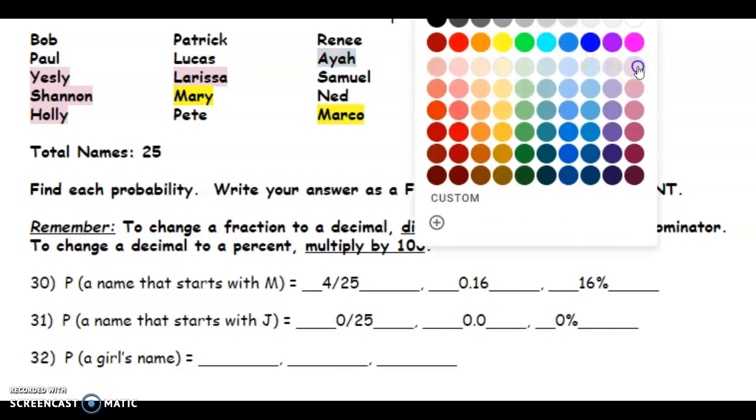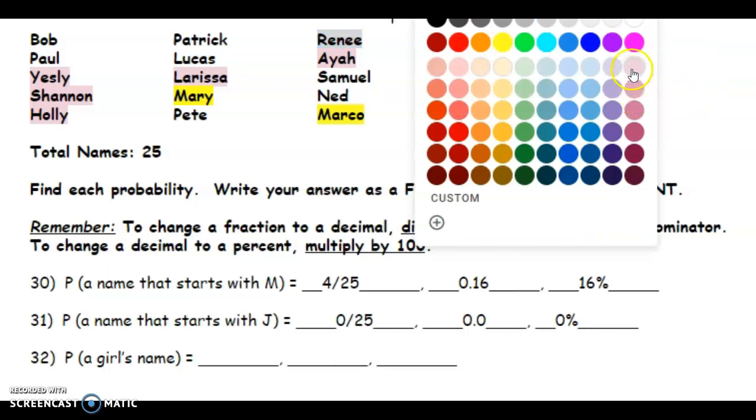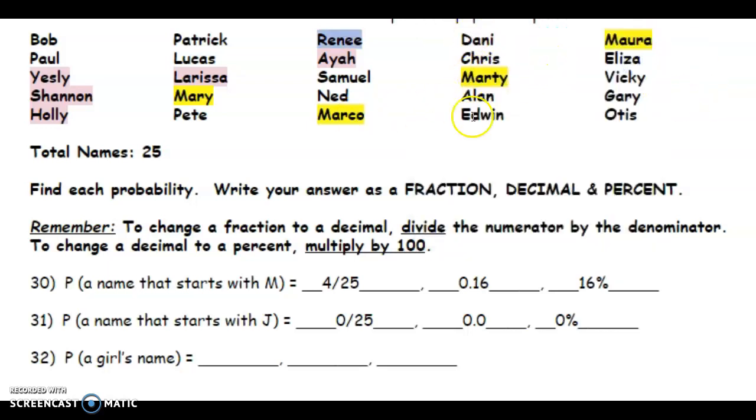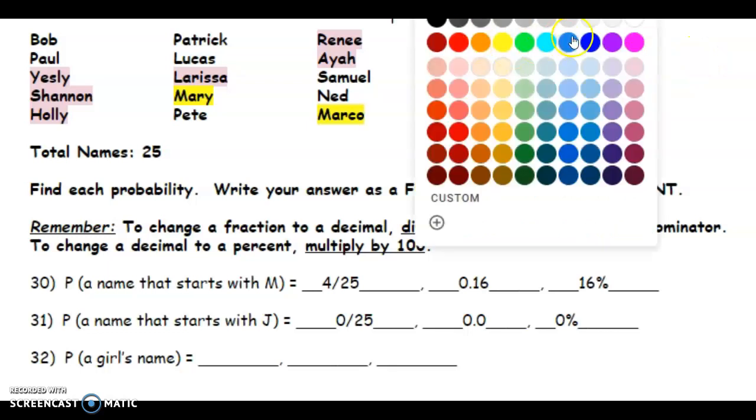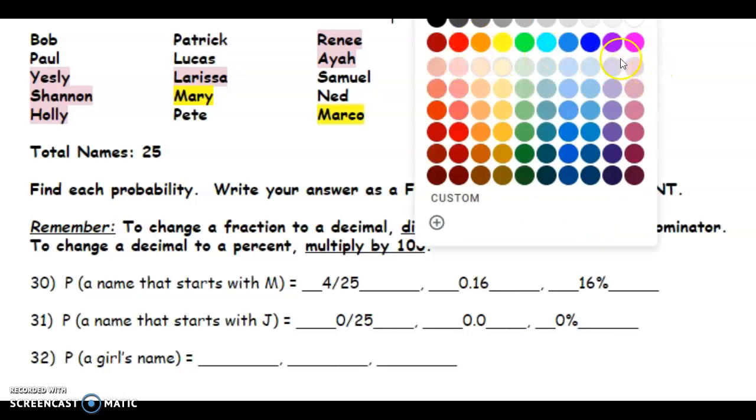Aya is a girl. Renee is a girl. Chris could be a girl's name. Danny could be a girl's name. Eliza. I'm going to go with the ones that I might be certain. Vicky, that might be girls' names.